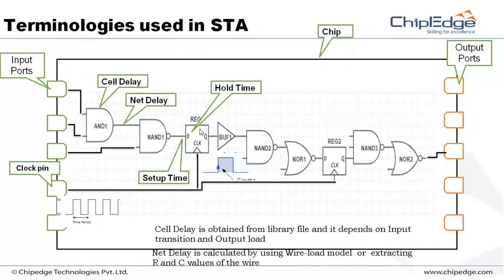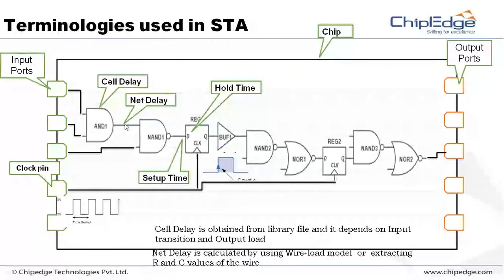So in the total history of STA, we always struggle to meet this setup time and hold time for every D flip-flop. There will be thousands of D flip-flops in your circuit, so you need to check whether setup time is met or not, and hold time is met or not. I told you setup time means the data should come here well before this time.